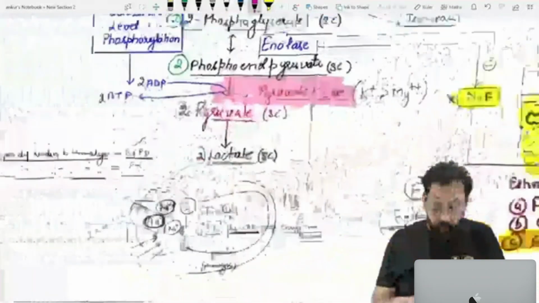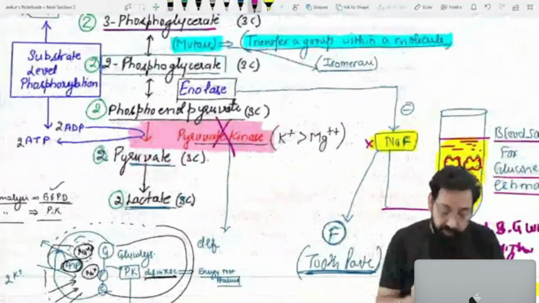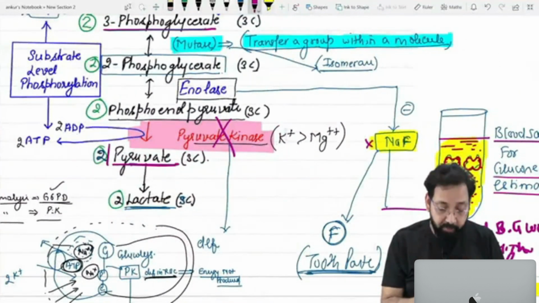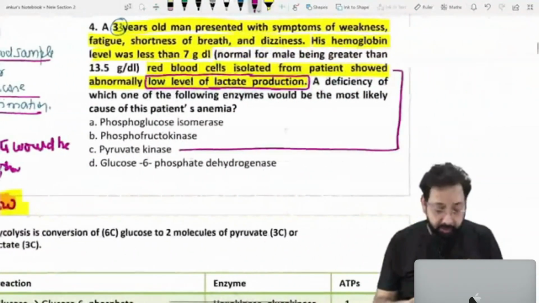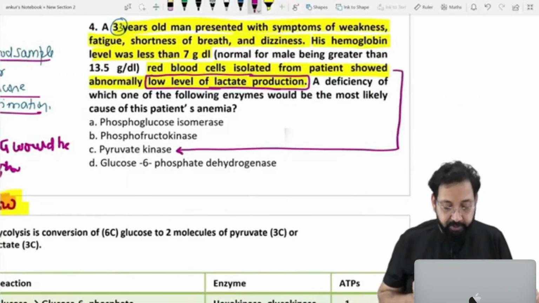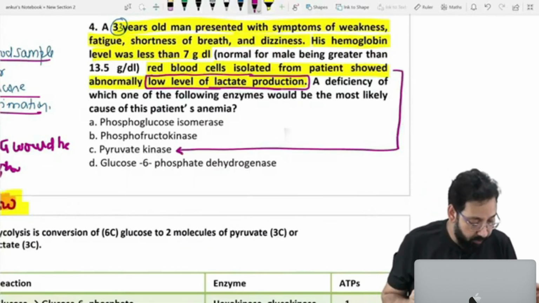Very good. If pyruvate kinase is deficient, then pyruvate will not be formed, then lactate will not be formed. So lactate would be low. Pyruvate kinase deficiency can lead to low lactate.